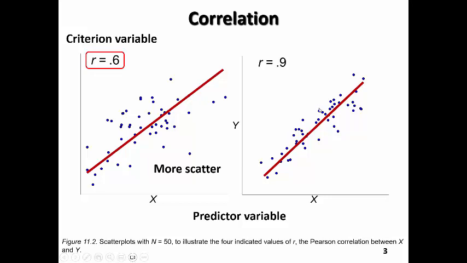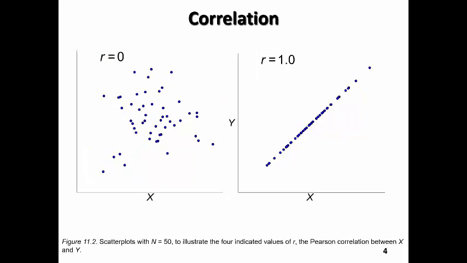And as the actual data are clustered closer to the line, the test statistic in this case will be a larger value. And here we see it's 0.9. The largest possible value, as we'll see here on the next slide, is actually 1.0. And so this slide shows two extremes in possible correlation coefficients.